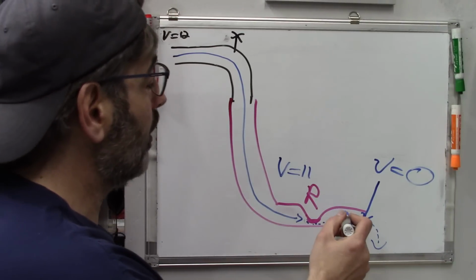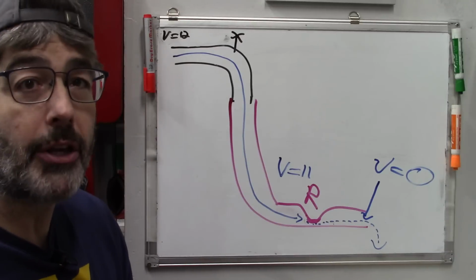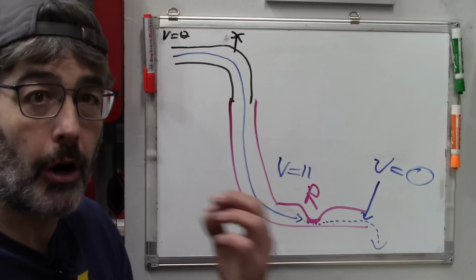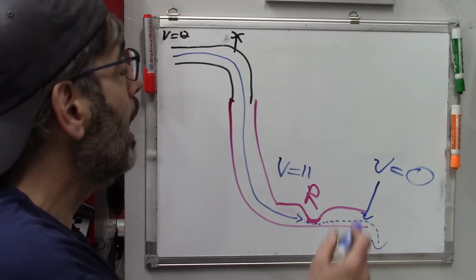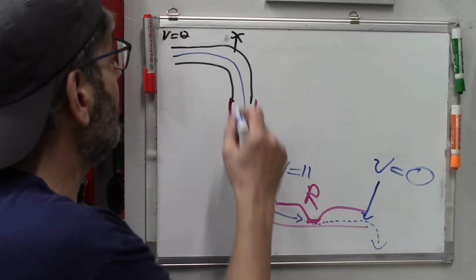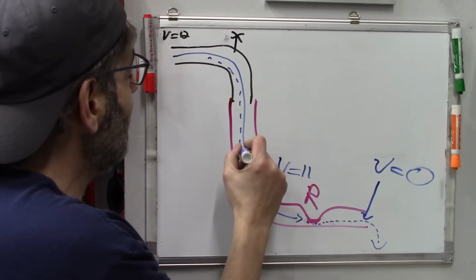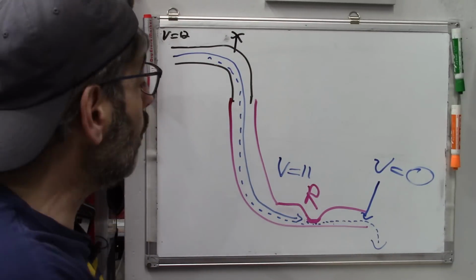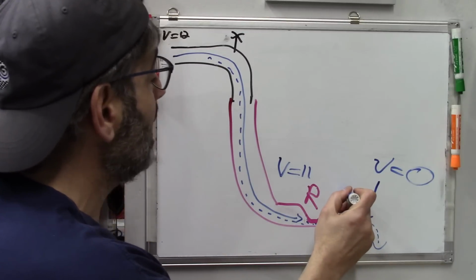Now, what is the current here? Well, we could calculate that actually if we had any two components of our Ohm's law, V equals IR. But we do at least know whatever the current is here is the same anywhere in our circuit. It's the same current, but the voltage has dropped here.